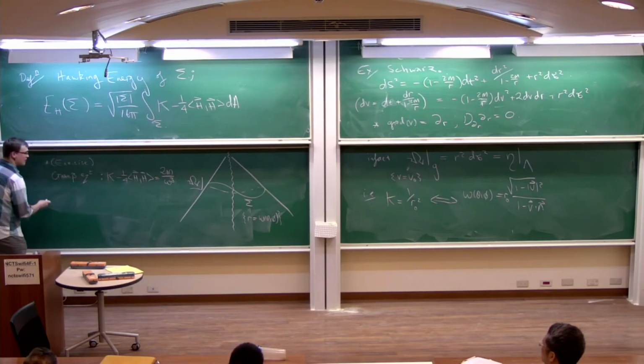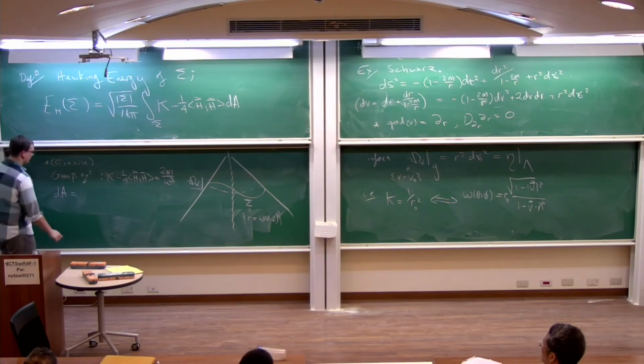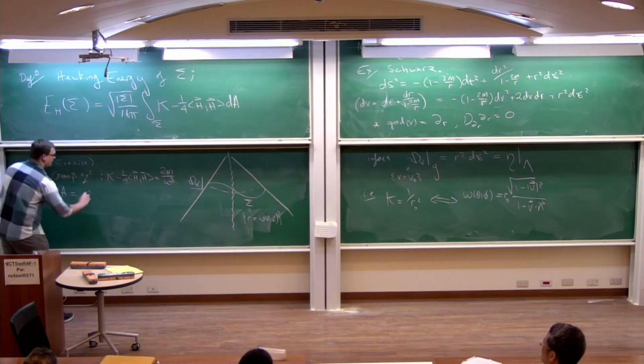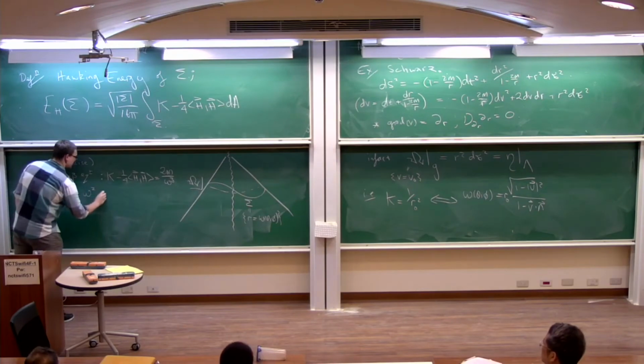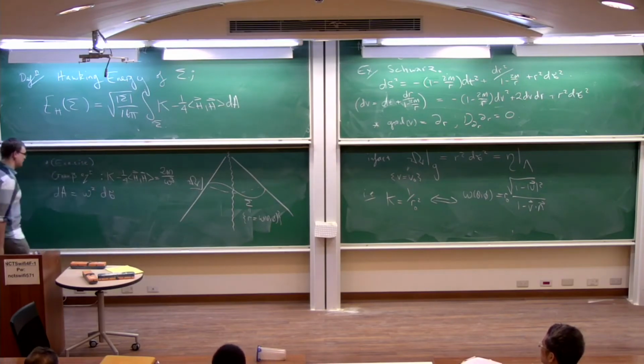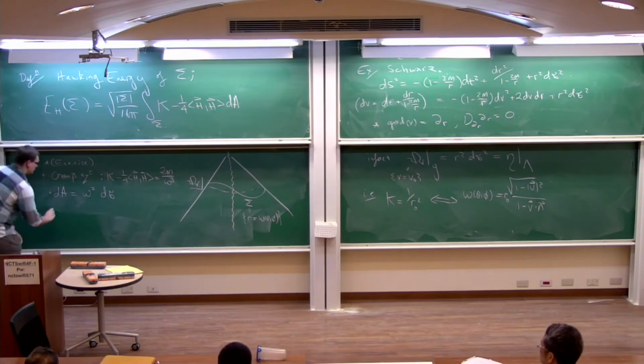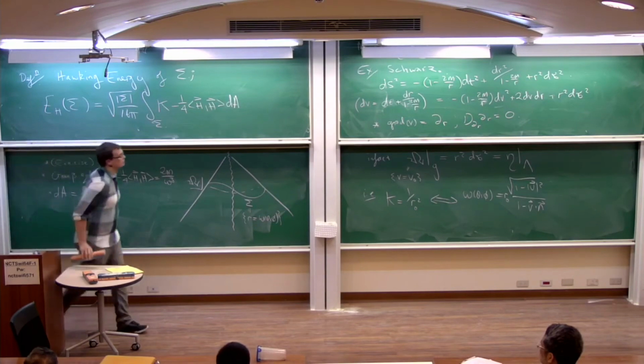Notice, of course, because the metric is just the round metric for the null cone, the area form for any cross-section is just omega squared times the area form on a round S2. So if we calculate the Hawking energy, let me go to a new board.